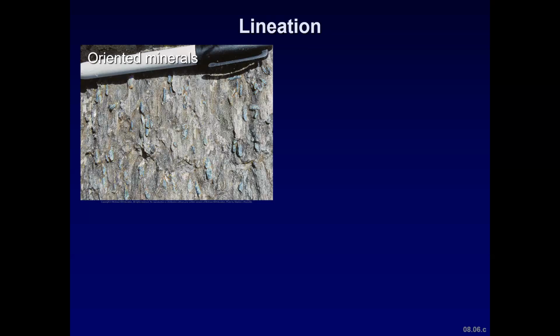So lineation refers to linear features, like deformed pebbles and the like, in metamorphic rocks. Lineation can be expressed by oriented minerals. In this case, we have these long blue crystals that are in a preferred linear orientation.